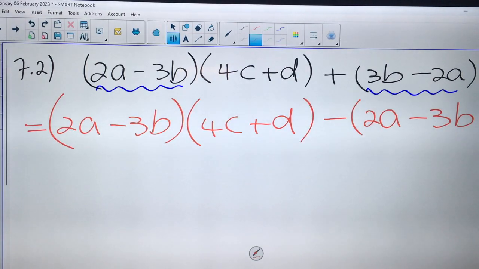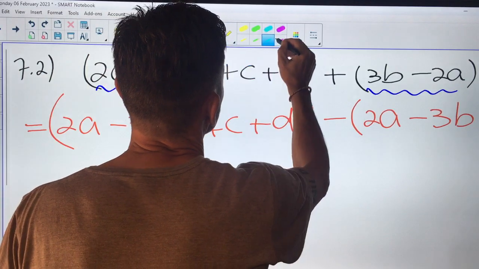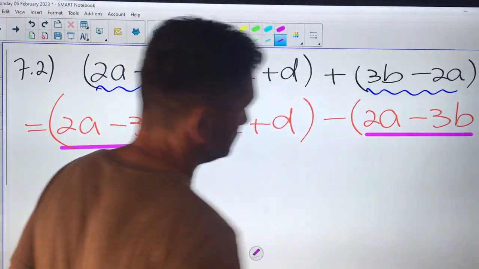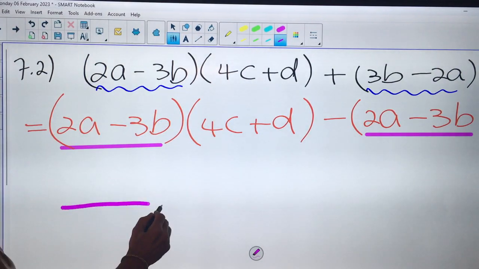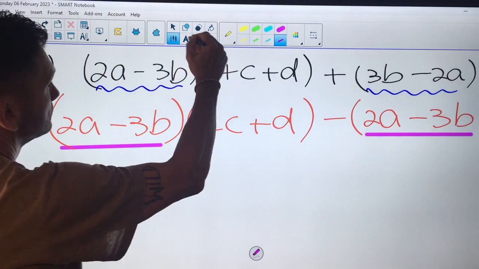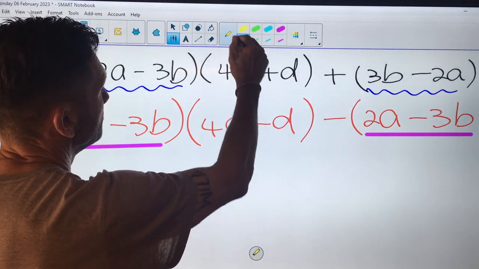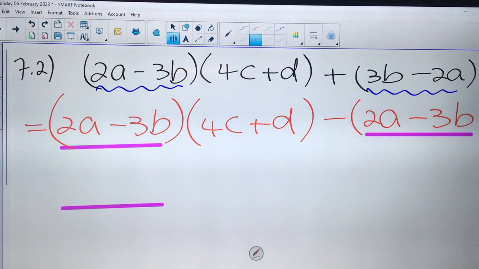Now there are 2 things that you need to pay close attention to here. The first one is that we have a common factor there and there. So that is the thing that we're going to remove, and that will come to the front here. So instead of just having a number, or a letter, we now have more than one term, a whole bracket.